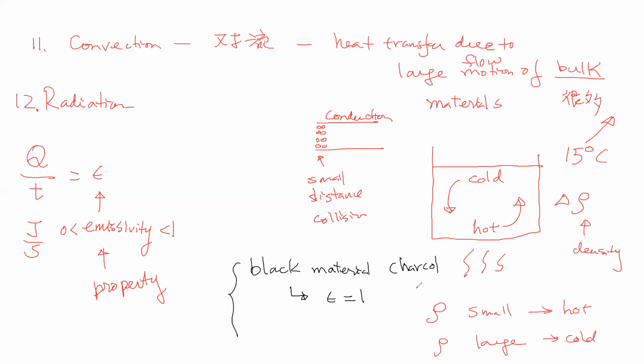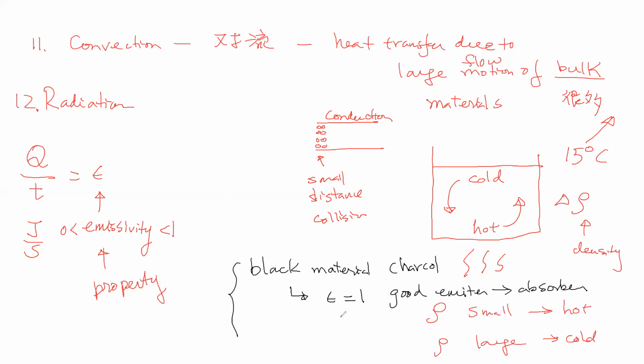So if you are a good emitter, then you're also a good absorber. Well, obviously it's black, so it absorbs everything, right? But when you absorb everything, you're also very good at emitting energy out. So you have this epsilon equal to 1.